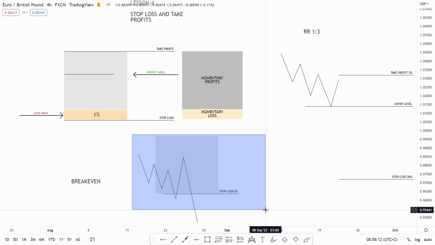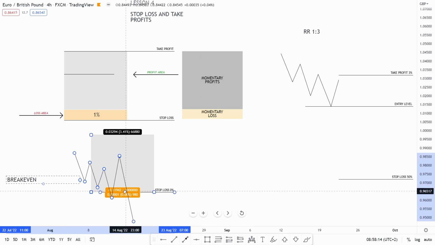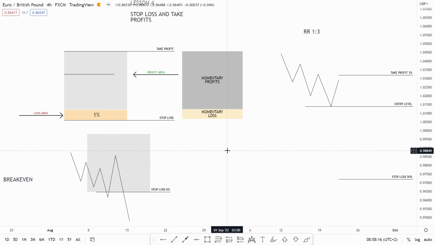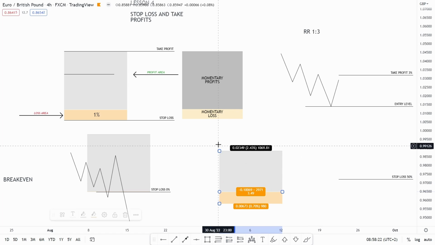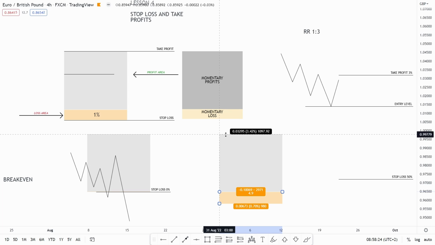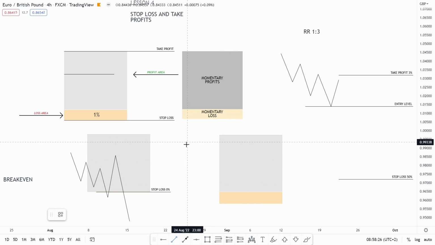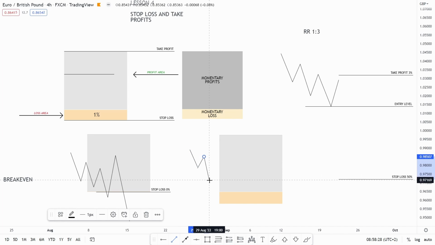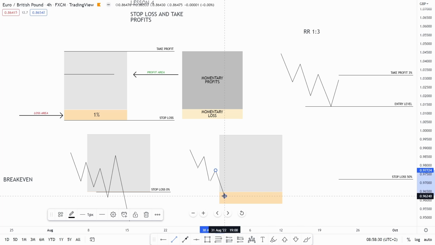So this is how risk-free works, but there's still another one. Let's pretend we're going up. The market comes down, touches our area and then goes straight up very fast.